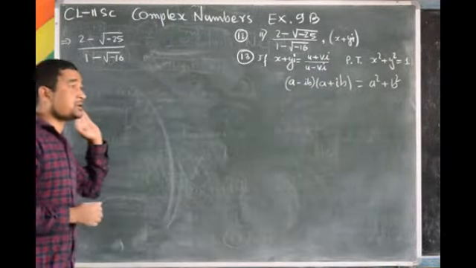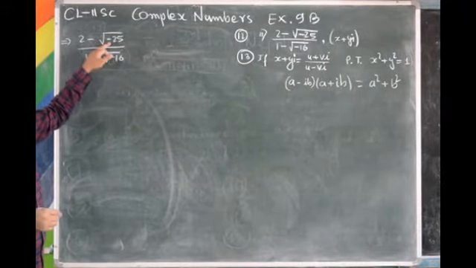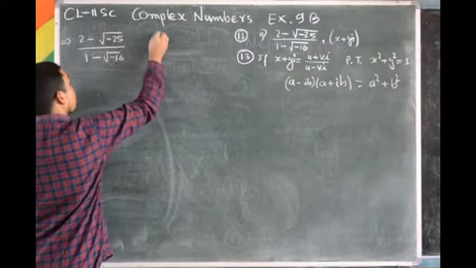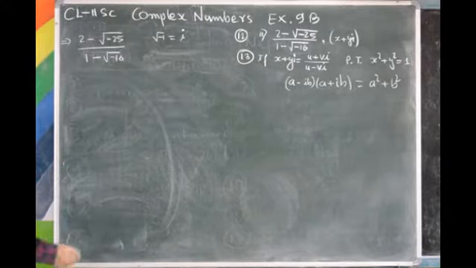Okay, let's simplify this one. First of all, remove this negative sign from under root. How to remove it? Because under root minus 1 equals i.